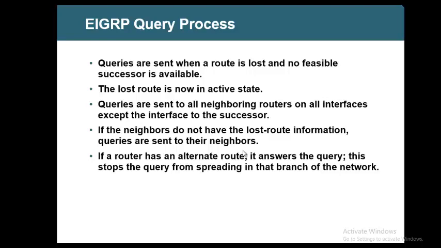So B has to wait for the other 3 also to respond, but the other 3 cannot respond because they are not connected to the destination in any way. As a result, B cannot use the route given by E until it discards the neighbors C, D, and A. It needs to remove the neighbors C, D, and A which did not respond. Only then the route given by E can be used.